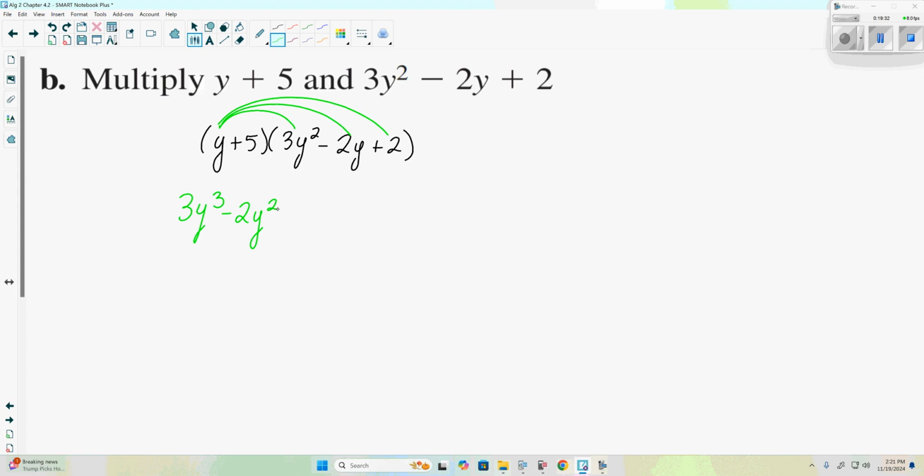And lastly, y times positive 2 is plus 2y. And then we're going to do the exact same thing with positive 5. 5 times 3y squared, 5 times 3 is going to be plus 15y squared. 5 times negative 2y is going to be negative 10y. And lastly, 5 times 2 is plus 10.